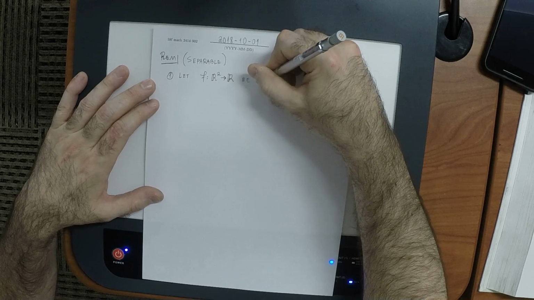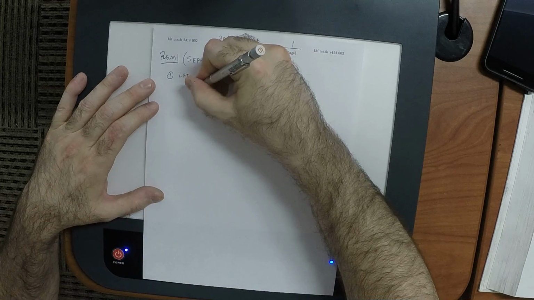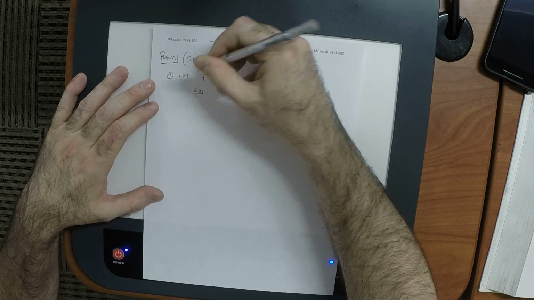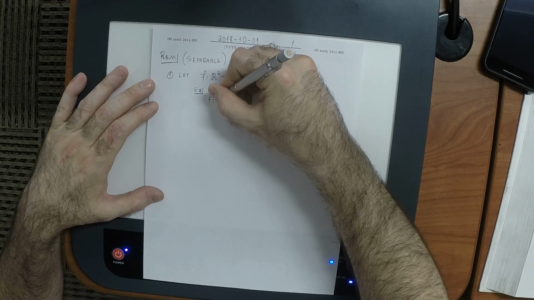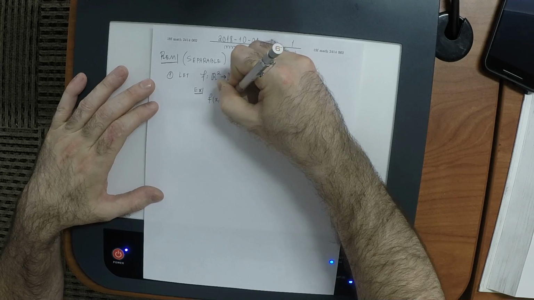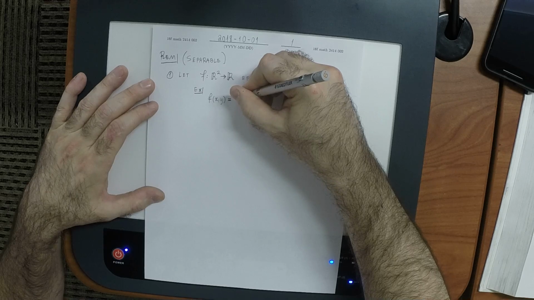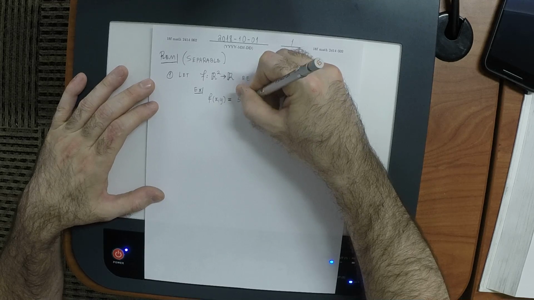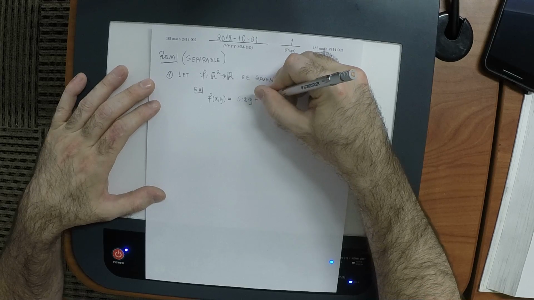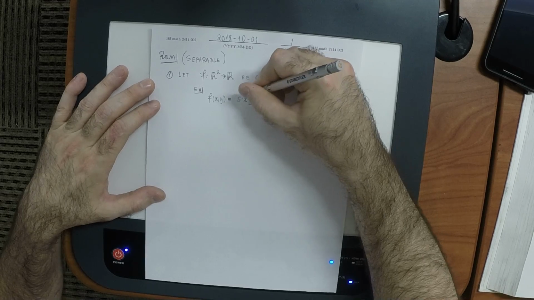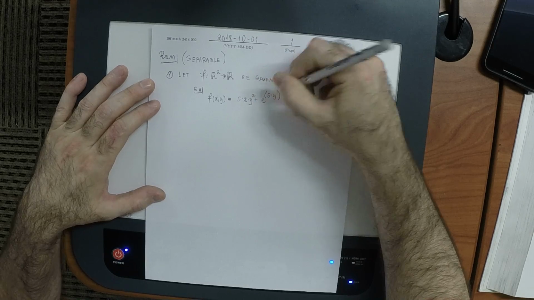So an example of such a function will be something like f of x and y is equal to, say, I don't know, 5xy squared plus exponential of 5xy squared multiplied by exponential of 5y. So something like that.